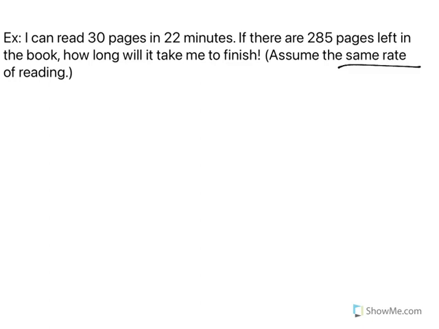But anyway, when we are setting up a proportion to try to figure things out, the big thing is consistency. We want to make sure that we are setting things up with our units in the same positions. So our units here are pages and minutes.